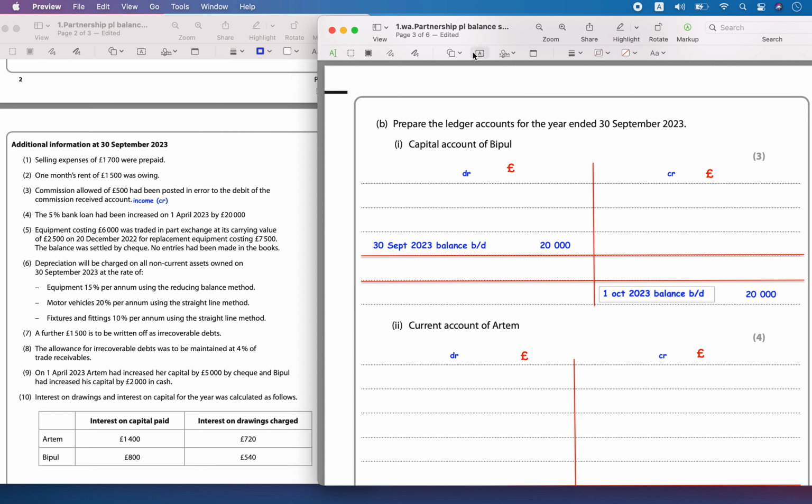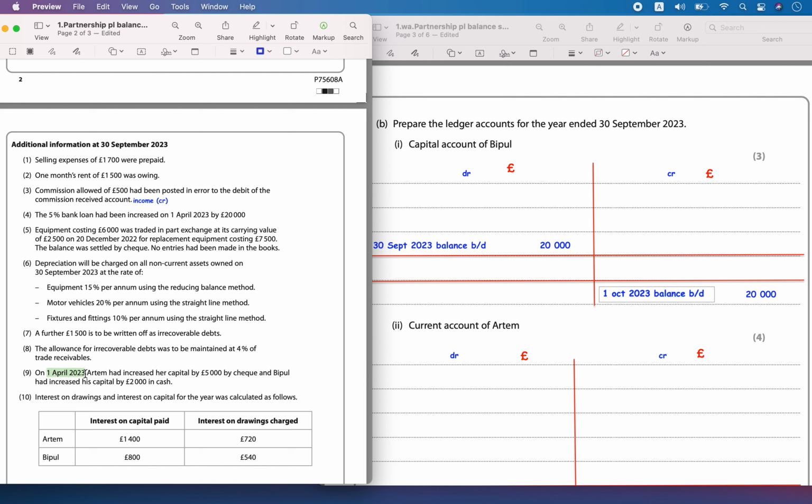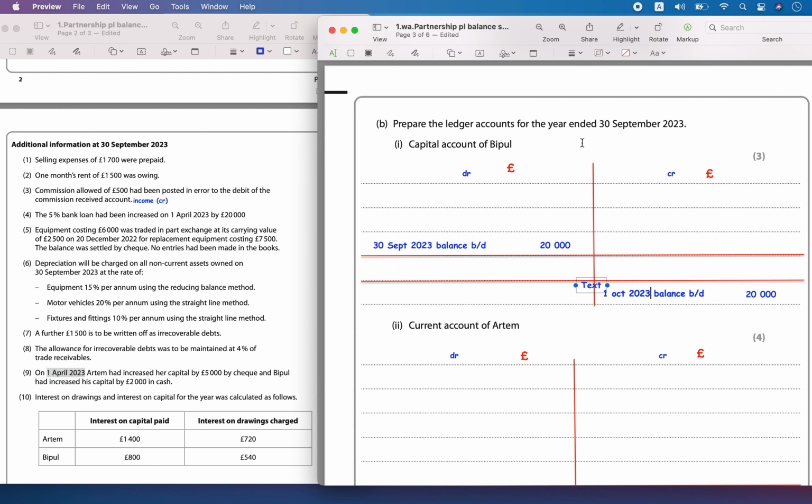Okay, Bipul had increased his cash by 2,000, and that was on 1st April 2023. So let's write that. We can write cash had increased by 2,000.